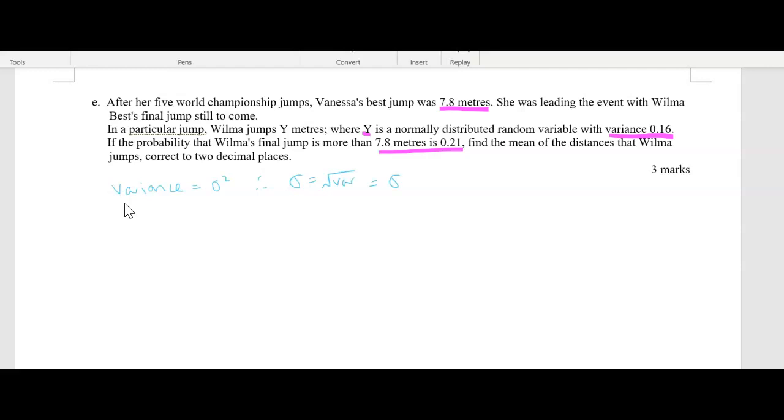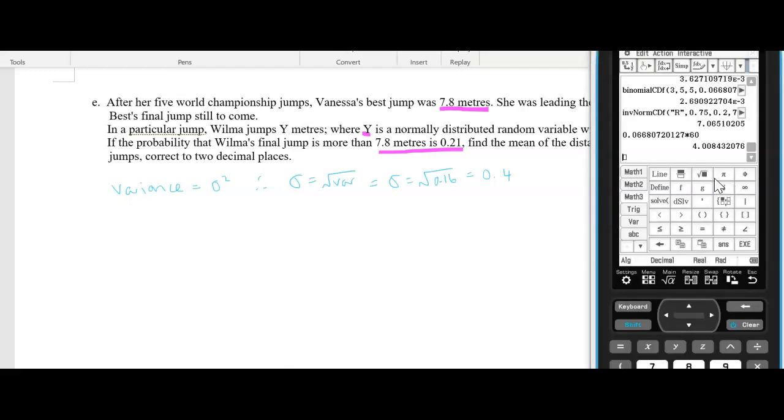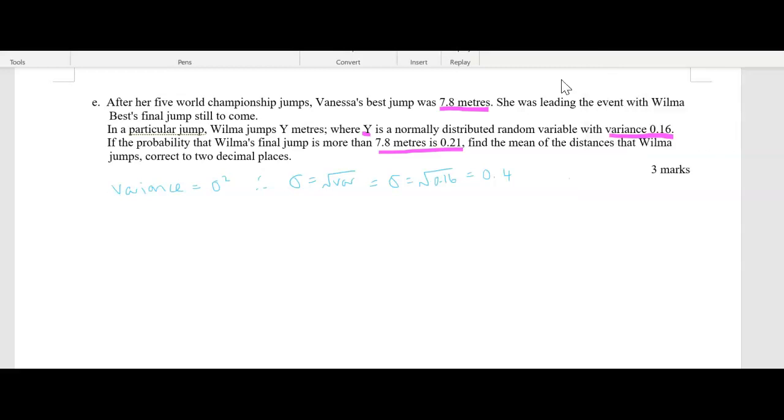So in this case, it's going to be the square root of 0.16, which is equal to 0.4. Let me just double check that my decimal places are correct. Yep.